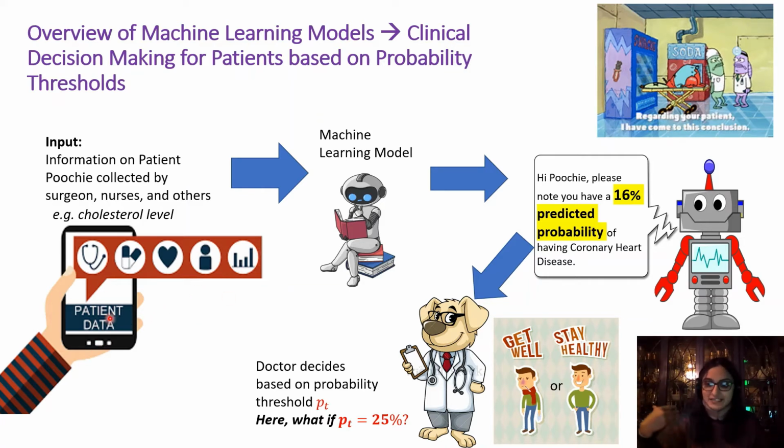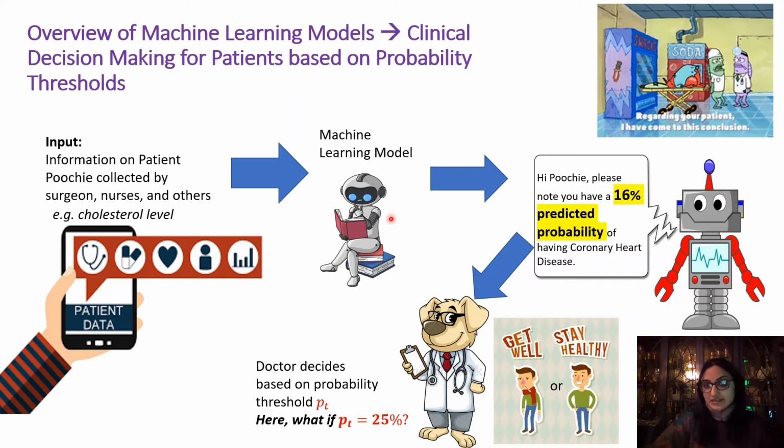Patient data, demographics, family history, all of this, we put into a machine learning model that we have trained. In other videos I will be talking about how we can come up with machine learning models for various predictive tasks such as coronary heart disease. But we put Pucci's data into a machine learning model that makes a prediction about Pucci's risk of having coronary heart disease, CHD.